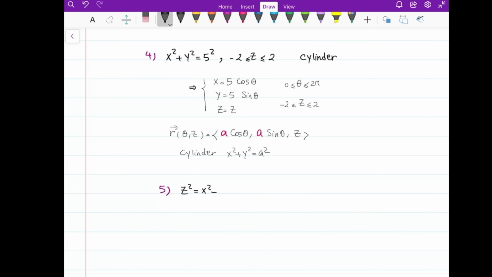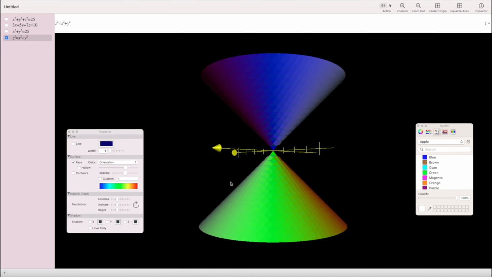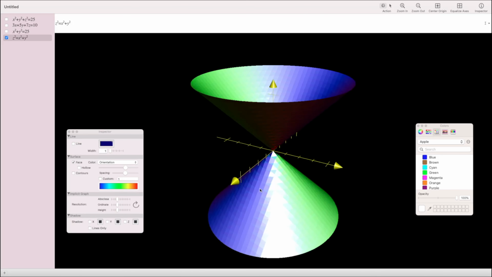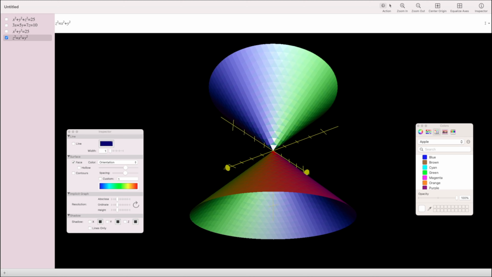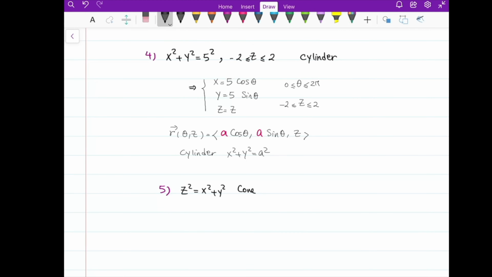Okay, and then look at the last example that I want to show. z squared equals x squared plus y squared. It's a cone. Okay, let me show you the graph of the cone. There you go. That's this cone. z squared equals x squared plus y squared, and I want to parameterize that. So how do I do it? Well, for the cone, I'm going to let z be my first parameter u, and then if z is equal to u, I have a circle of radius u, as you see in here.